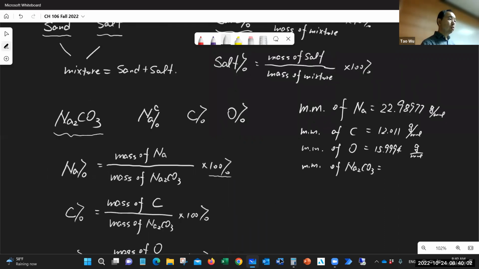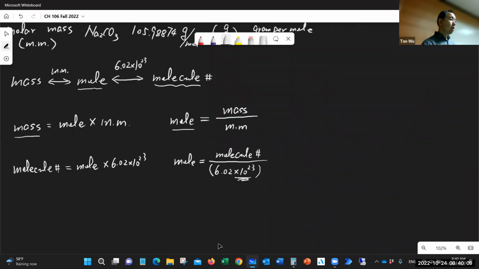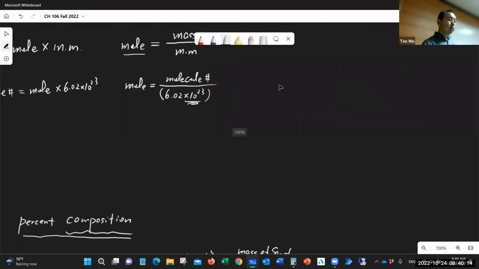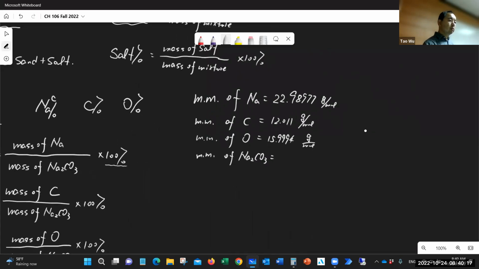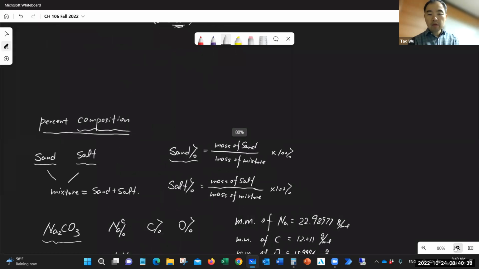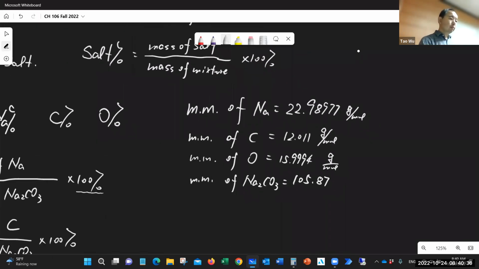The molar mass of sodium carbonate is 105.98874 gram per mole.